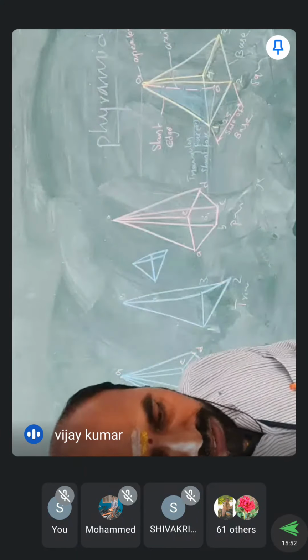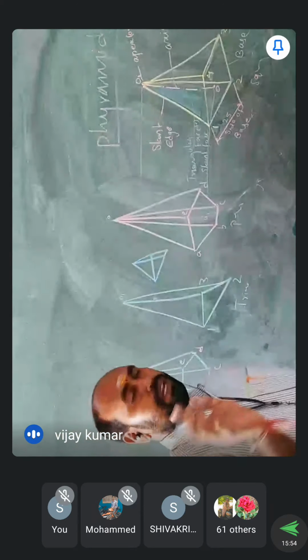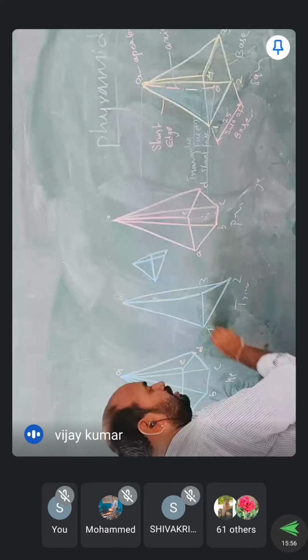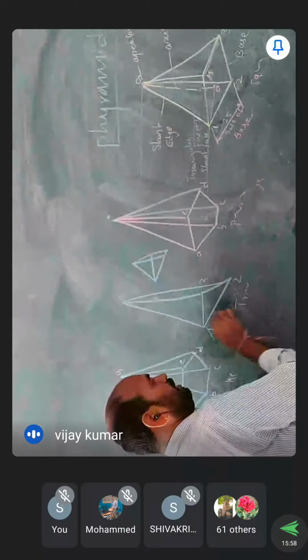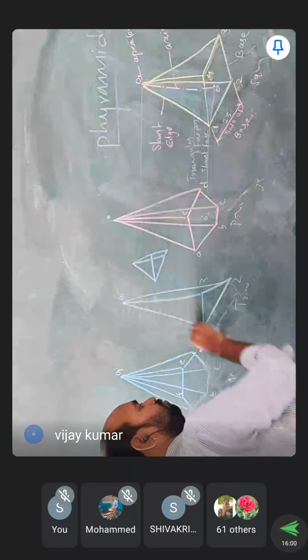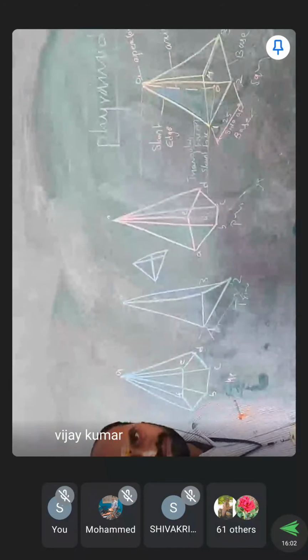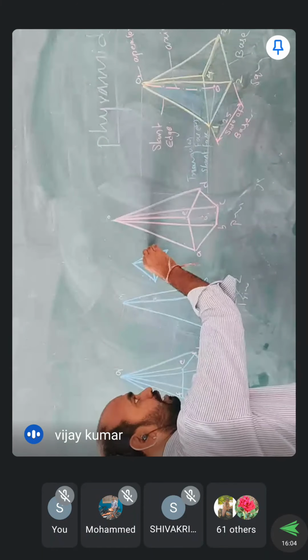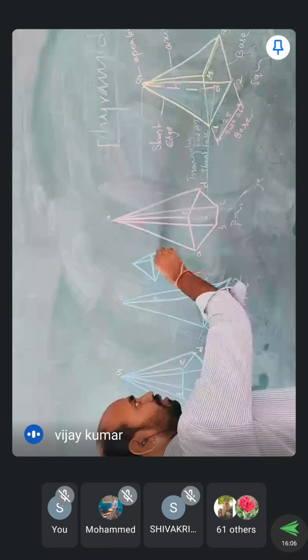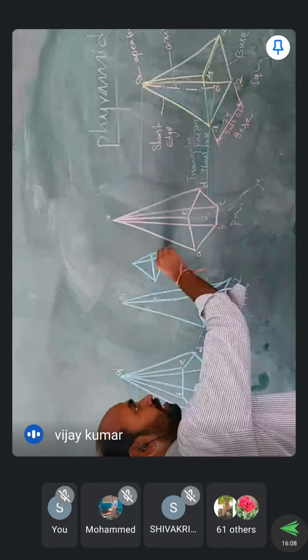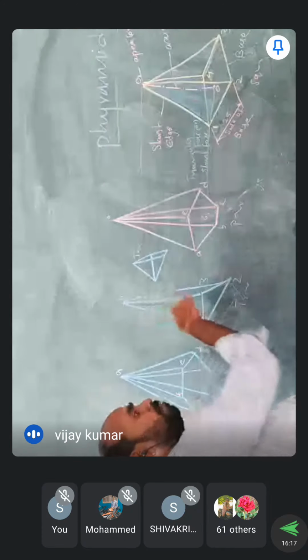But in the case of a triangular pyramid, if it is asking 40 or 50, the slant edge is not equal to 40 or 50, it is more. Four equilateral triangles form a tetrahedron, but here the base is an equilateral triangle, and the 3 edges are joined to the apex point.